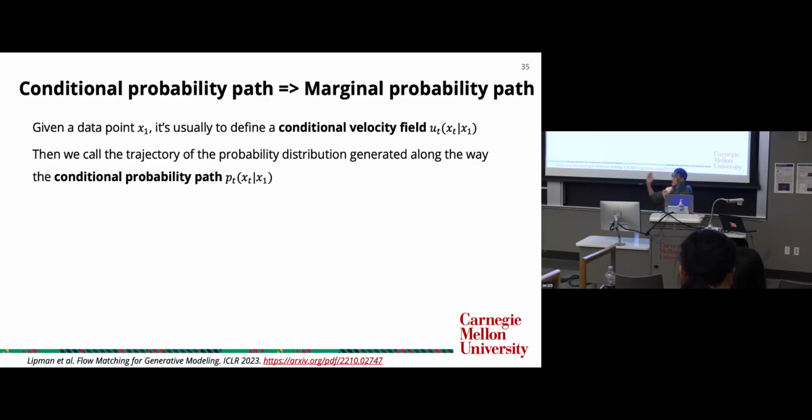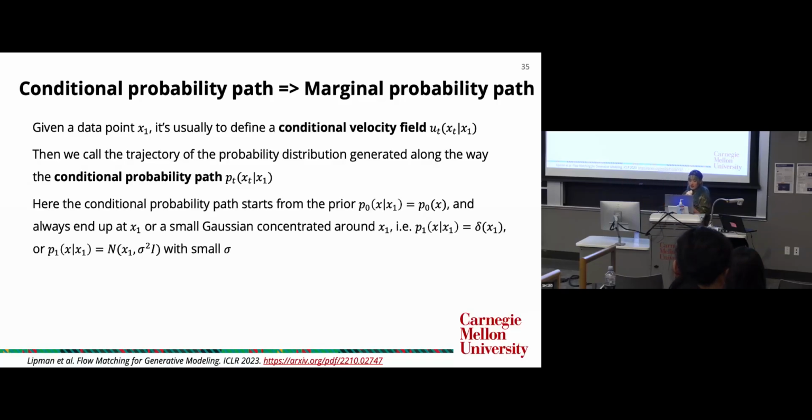And then we call the trajectory of the probability distribution that gets generated along the way of that velocity field the conditional probability path. So the conditional probability path consists of all the p_t along the way. Okay?